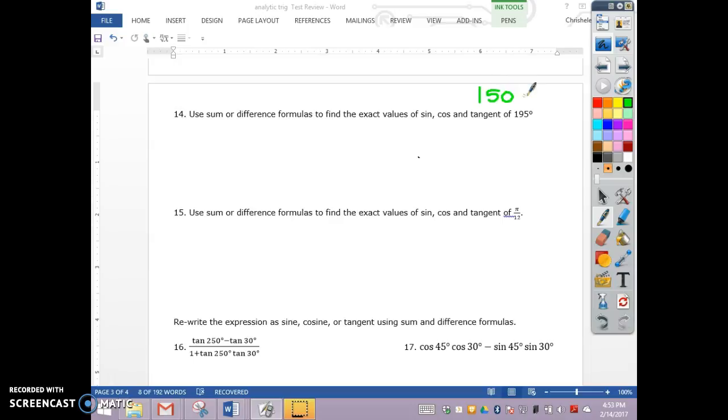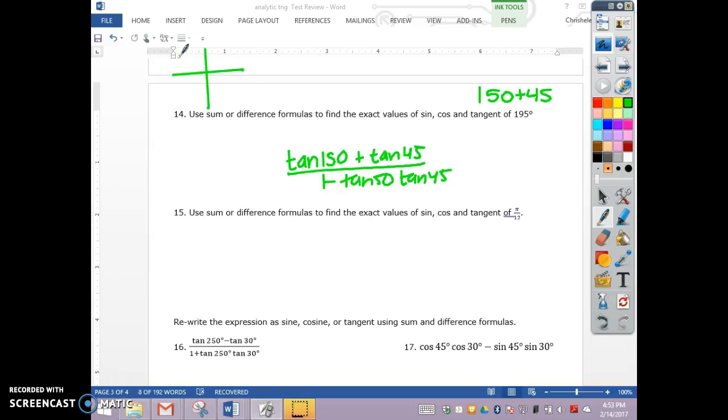So we said that 195 was 150 plus 45, and that tangent formula is tangent of 150 plus tangent of 45 over 1 minus tangent of 150 times tangent of 45. Okay, so we were looking at our unit circle, and we were at 150, and that ordered pair is negative square root of 3 over 2, positive 1/2.